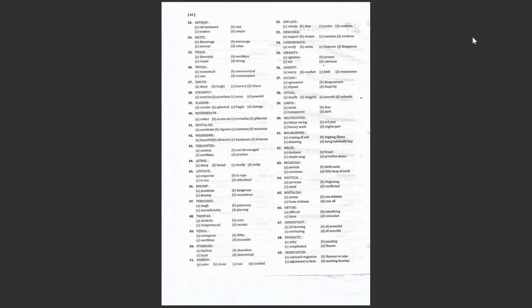So you were required to know the meaning of this word for you to be able to mark the correct answer. So please remember, malingering means to fake your illness. Feigning illness, to not go to work, is what malingering means. So the correct option here would be option B, feigning illness.